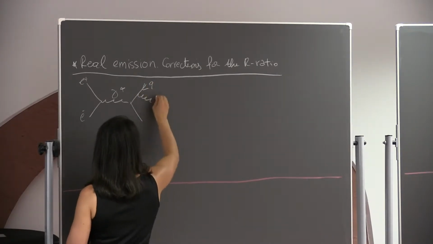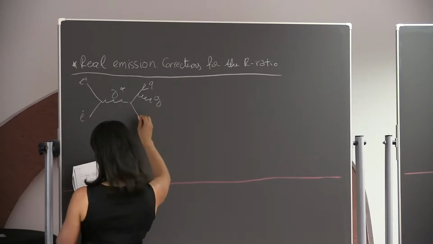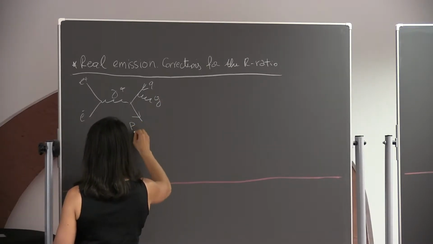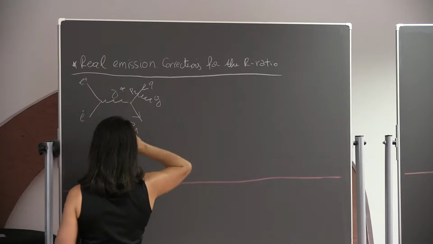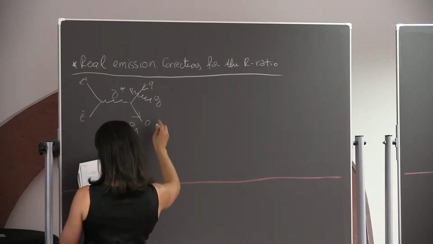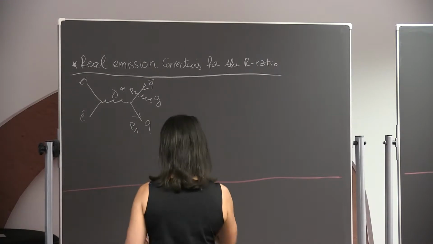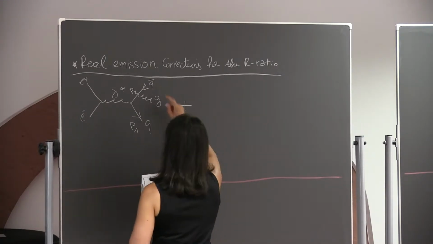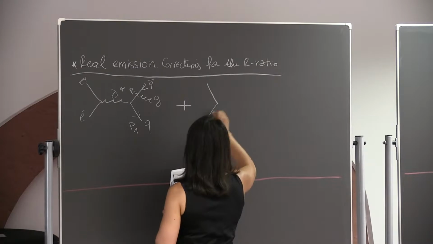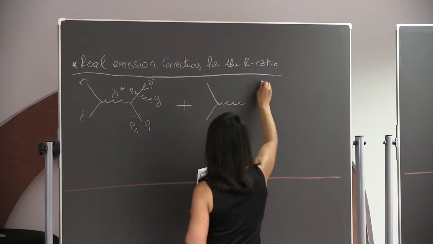And we'll be emitting a gluon now. So this is my P1, this is my P2, this is my anti-quark, and this is my quark. And so the emission can be of two legs. So we have two diagrams to consider in this case.